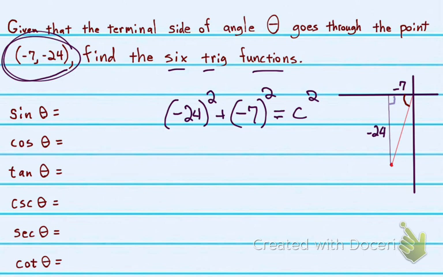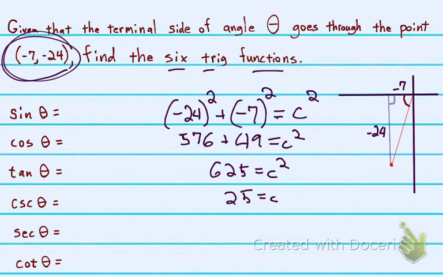All right, -24 squared, negative times negative is a positive 576, plus -7 times -7 is 49. 576 plus 49 is 625. Oh, isn't that nice? 625 is a perfect square. Square root of 625 is 25.